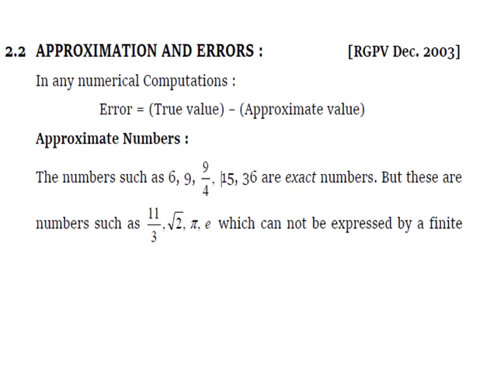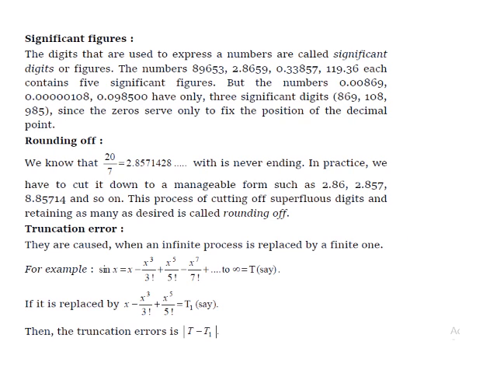But there are numbers like 11 by 3, the value of pi, or e in the exponential, √2, which cannot be expressed by a finite number of terms. Such a number is called an approximate number. Then the difference between the true value, the exact value of the number, and this approximate value gives a term that is called the error.